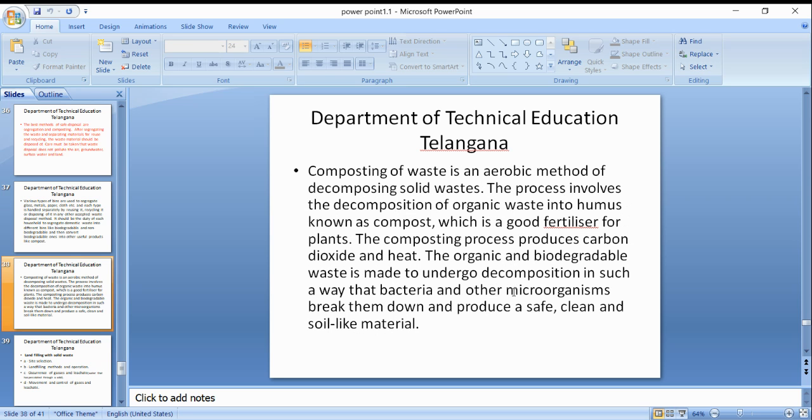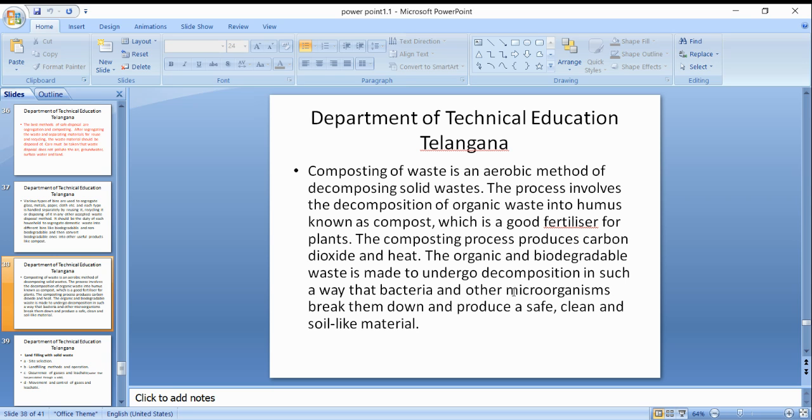Next, composting of the waste. Composting can be done by the aerobic method or the anaerobic method. The aerobic method is the presence of oxygen, and the anaerobic method is the absence of oxygen. In the aerobic method of decomposing solid waste, the process involves the decomposition of organic matter into humus.